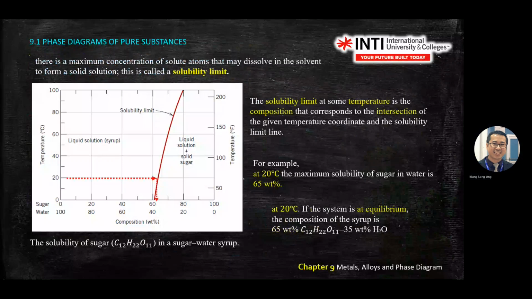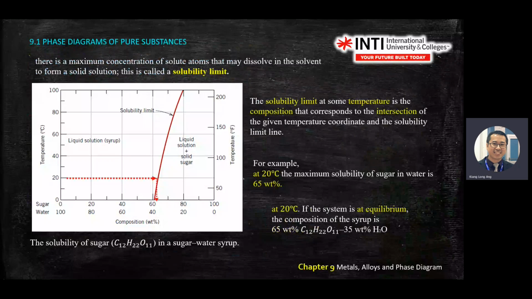This line also tells you that the system is in equilibrium, meaning stable. It stays stable at a certain percentage. So at 20 degrees C, the composition of the syrup will be 65 weight percent sugar and 35% water. As we go deeper, we will look at metals.